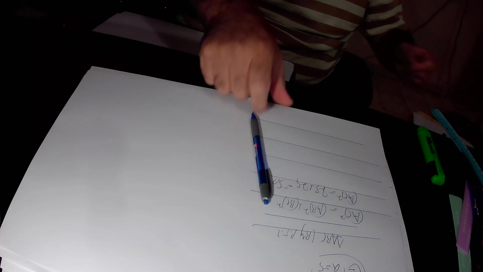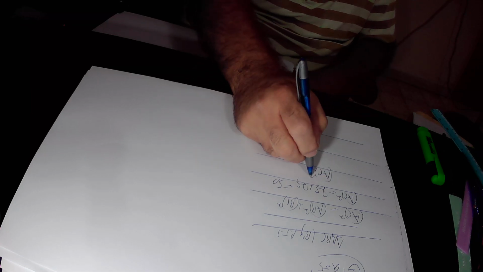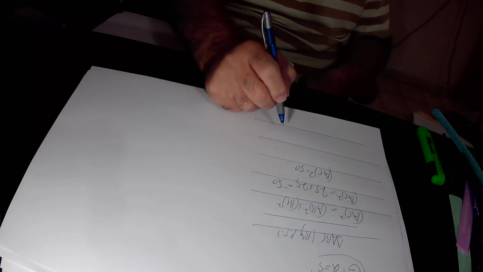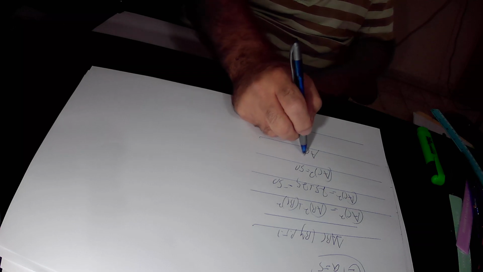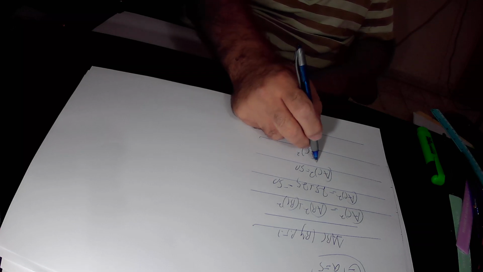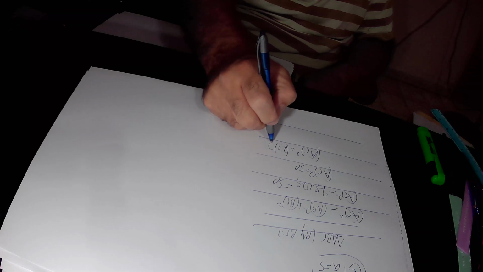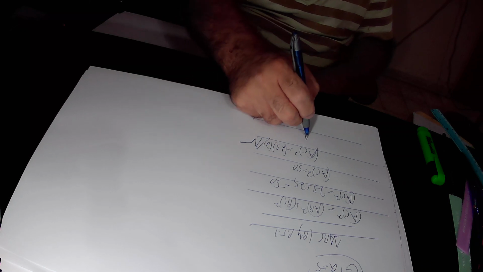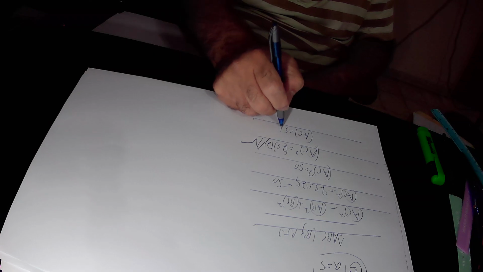So AC square equals to 50. Here we substitute 50 by 2 times 25, and get that AC square equals to 25 times 2. Here we take the root out of this equation, and we get that AC equals to the square root of 25, that is 5, so inside the root we have to leave 2.